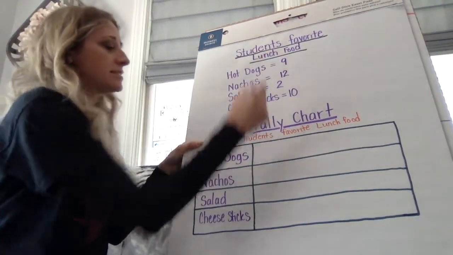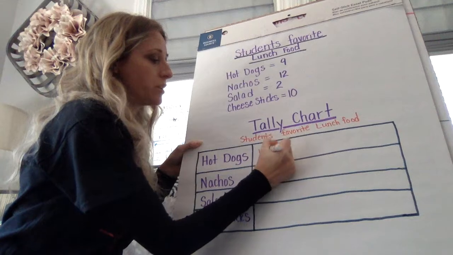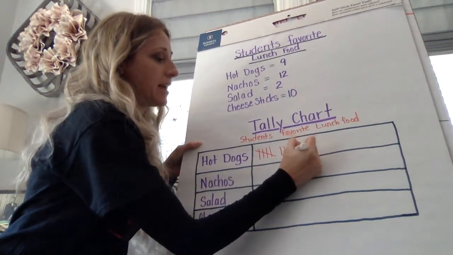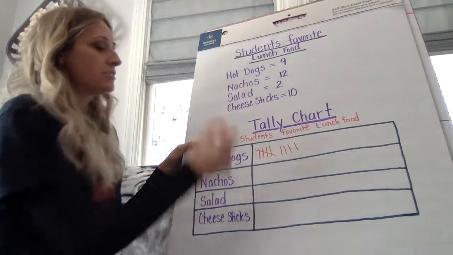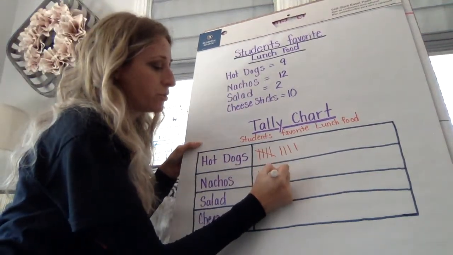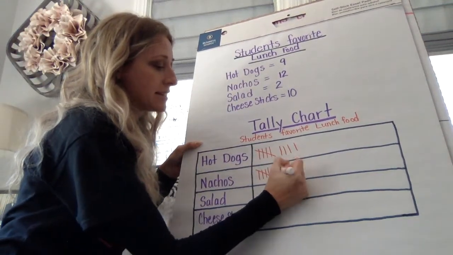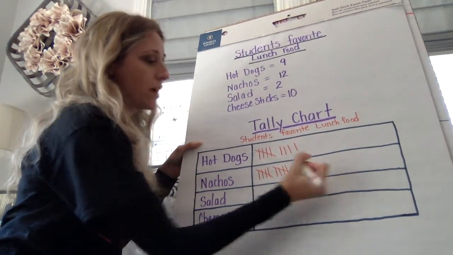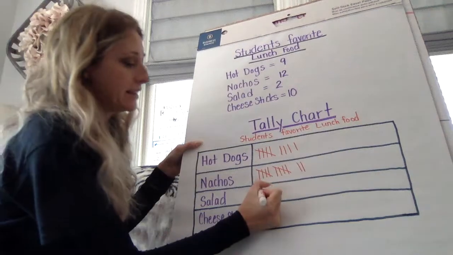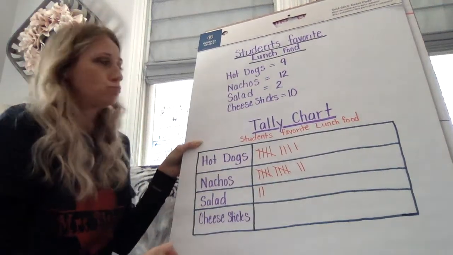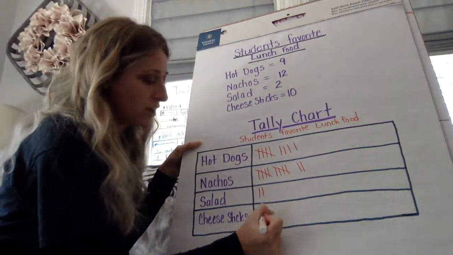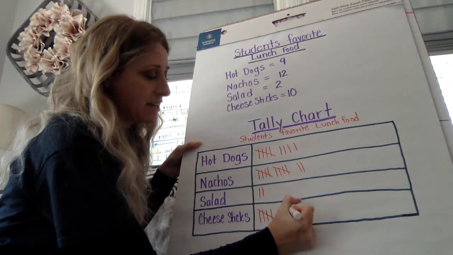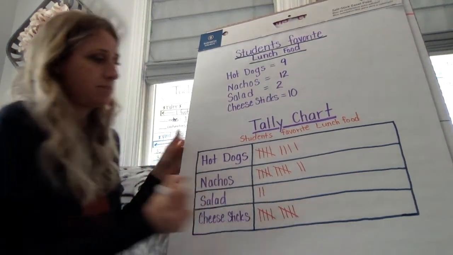Hot dogs is 9: 1, 2, 3, 4, 5, 6, 7, 8, 9. Nachos, 12: 1 through 12. Salad, 2. Cheese sticks, 1 through 10.